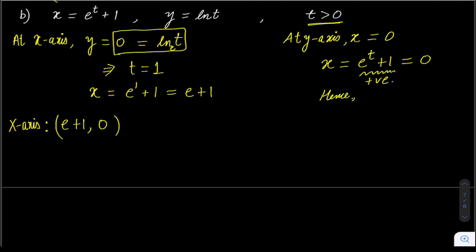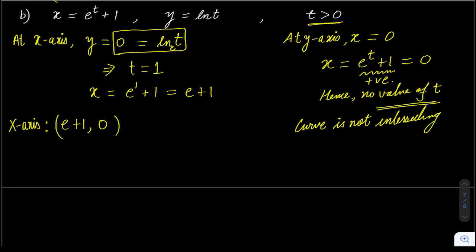Hence, no value of t is there which can make our x coordinate 0. So actually, the curve is not intersecting the y-axis, so there is no such point. So my only answer is (e plus 1, 0).